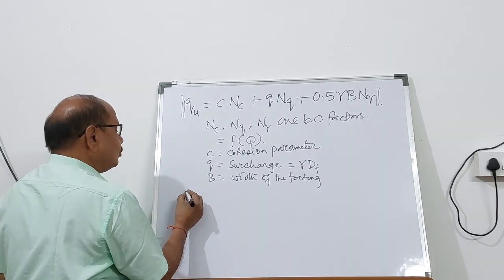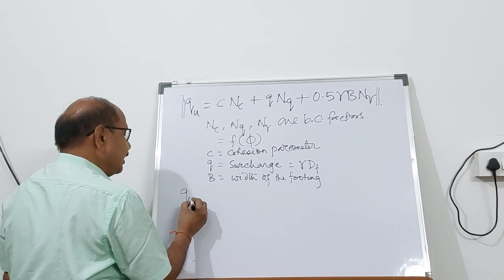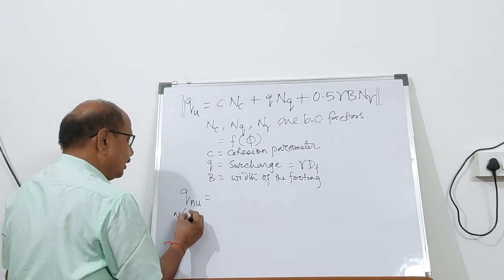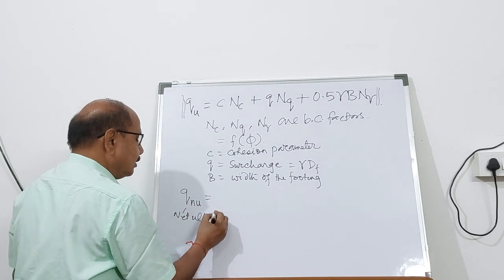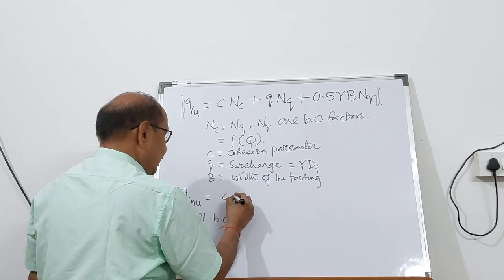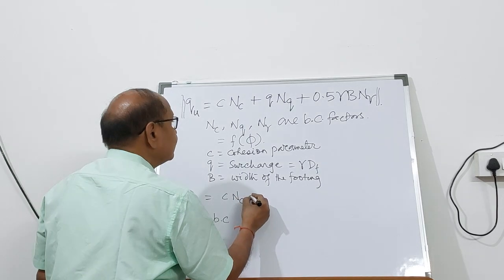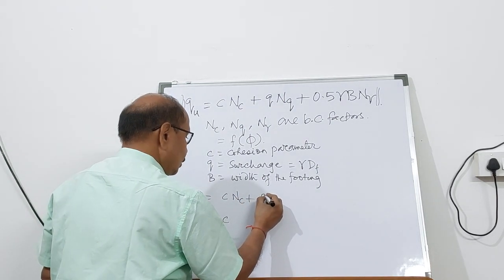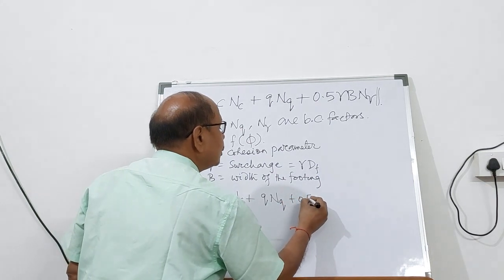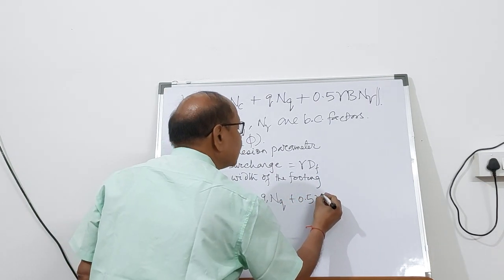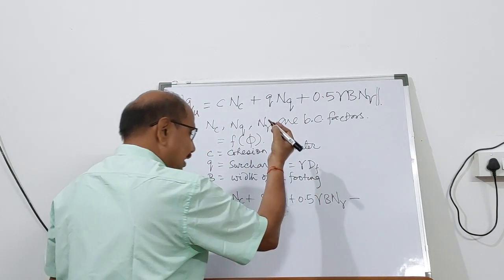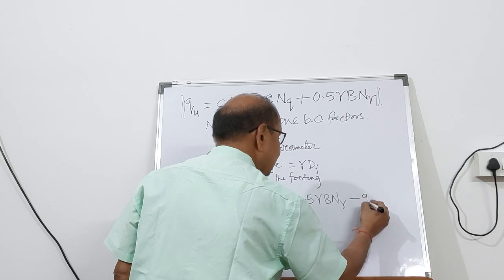If you want to find the net ultimate bearing capacity, then it will be cNc + qNq + 0.5γBNγ, minus the surcharge, which should be removed, so minus q.